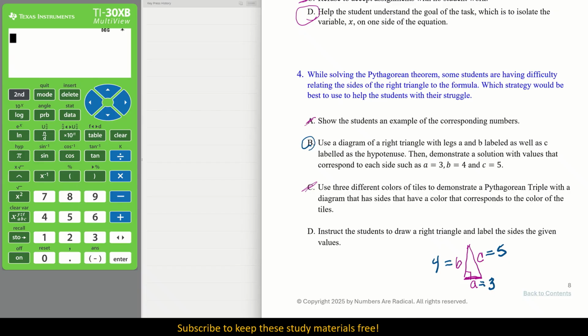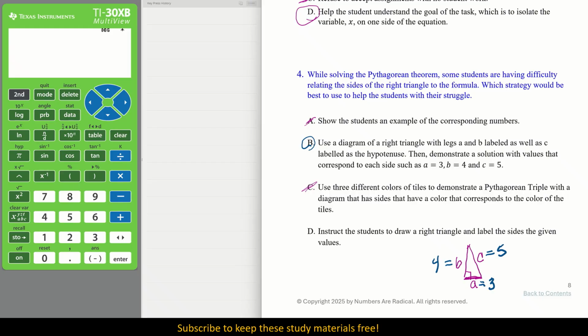The problem is they're having trouble labeling it themselves. I labeled it here. The difference is if the educator labels it to show them, to demonstrate, and then works them through it, that's different than saying the student has to do it. Well, they're already confused. It states in the problem that they're having trouble. So telling them to do something they're having trouble with isn't going to be an answer.